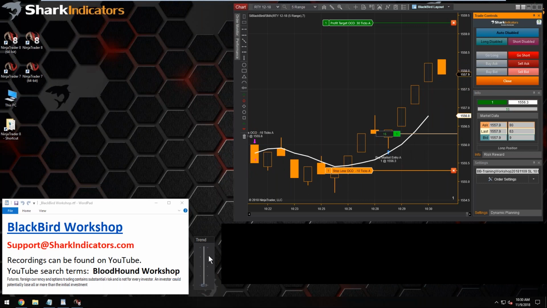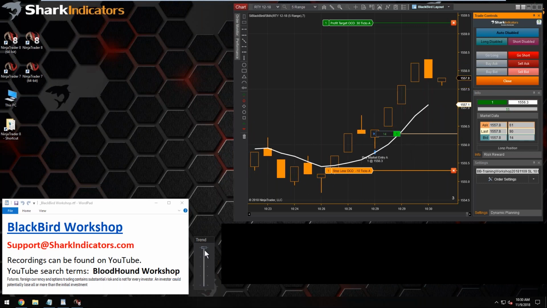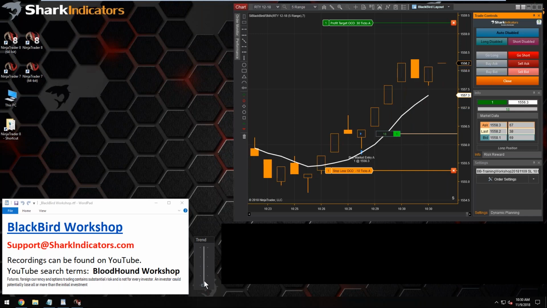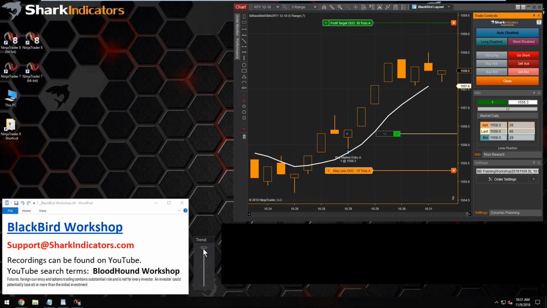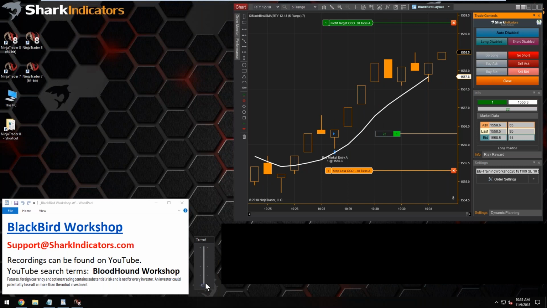Okay, now I'll pull the market down, and let's try and get that SMA to reverse down. As soon as this SMA gets a little higher, it ought to reverse really easy. Okay, there, a couple of down bars, and this SMA should reverse.